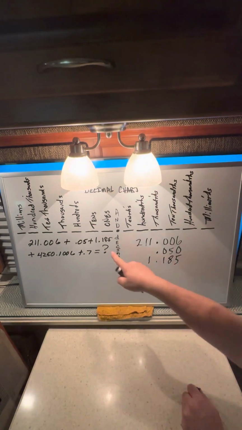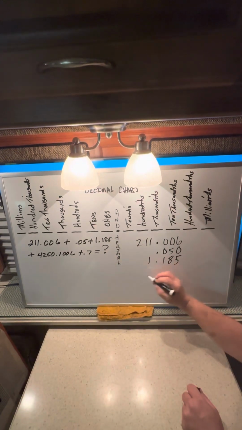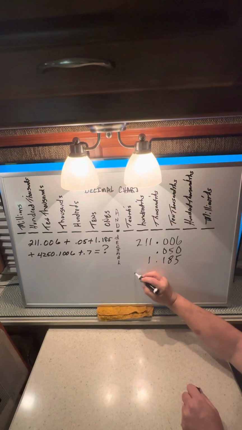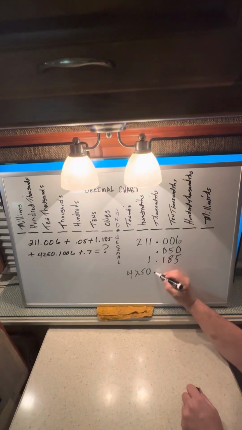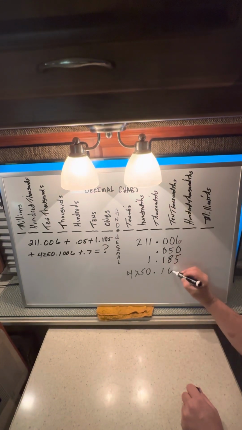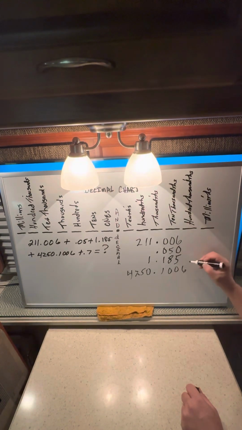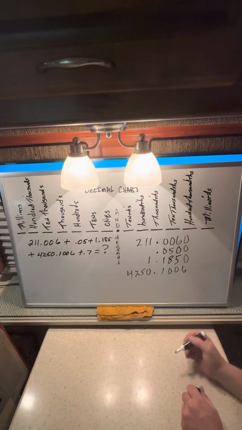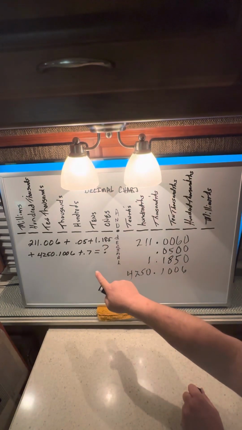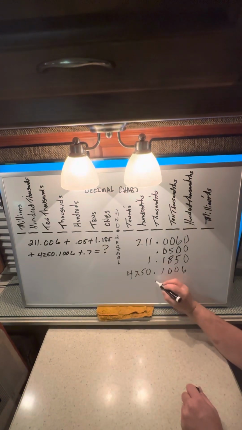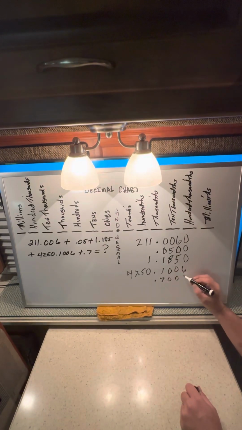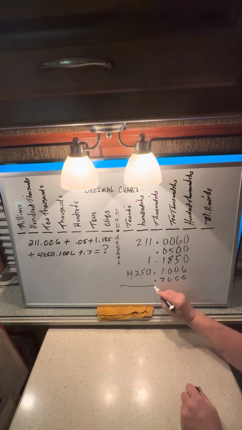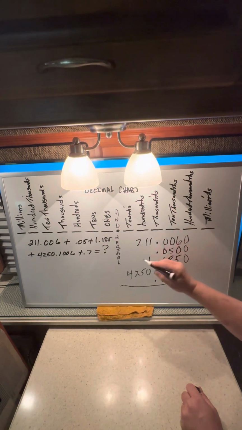Plus 4250.1006. Now looky here, I'm just going to throw another couple zeros here, keep it straight. Plus 0.7. I'm going to fill in the holes, draw my line, and add up each column.